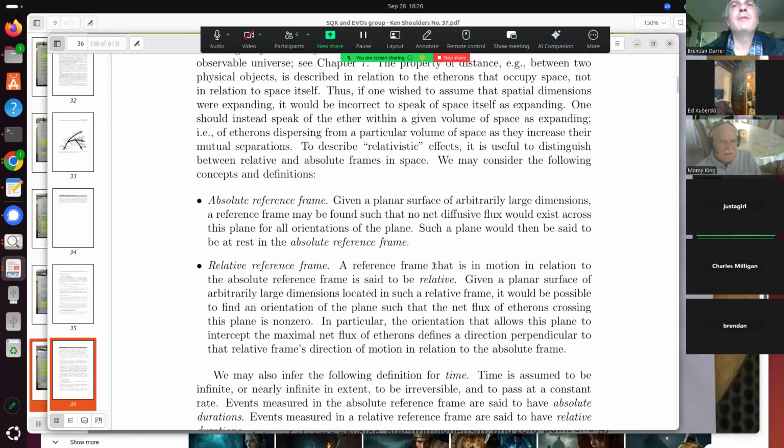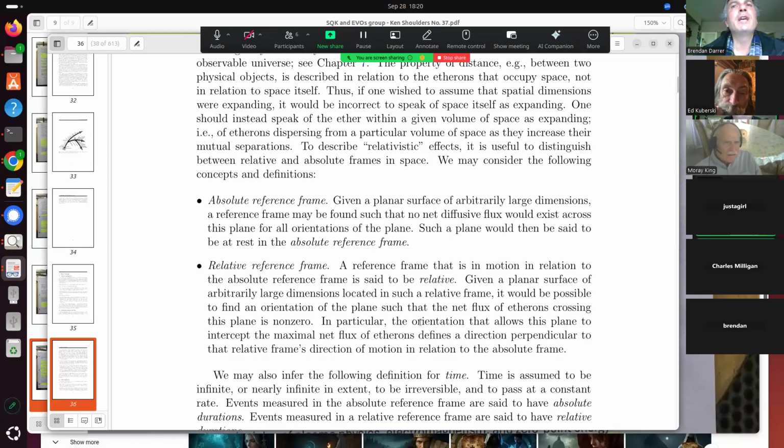A reference frame that is in motion in relation to the absolute reference frame is said to be relative. Given a planar surface of arbitrarily large dimensions located in such a relative frame, it would be possible to find an orientation of the plane such that the net flux of etherons crossing this plane is non-zero.